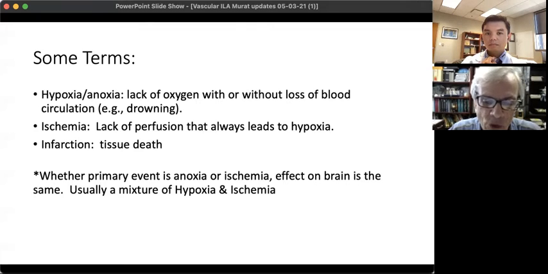Usually there is a combination of both hypoxia and ischemia. And that's why in practical use, we tend to refer to the situation as hypoxic ischemic state or hypoxic ischemic injury. And eventually, when the tissue dies, we refer to it as infarction.